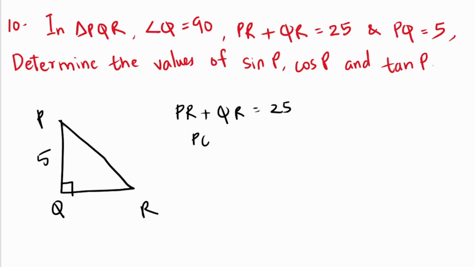Now they have given PQ equals 5 and they have asked us to find the value of sin P, cos P and tan P, and here the angle is P, right? You only know one side. You only know the value of PQ, you don't know the value of QR, you don't know the value of PR also. In this case, what are we supposed to do?